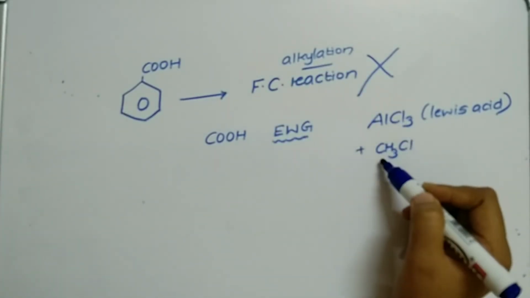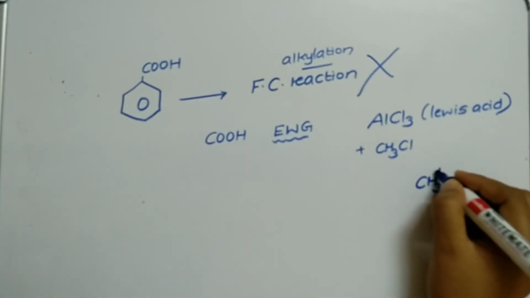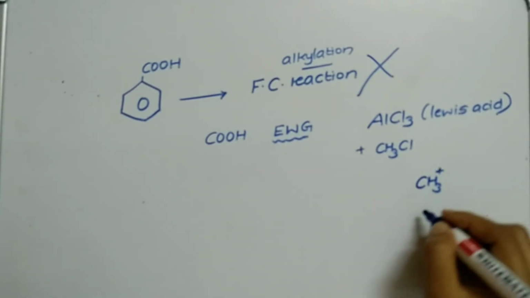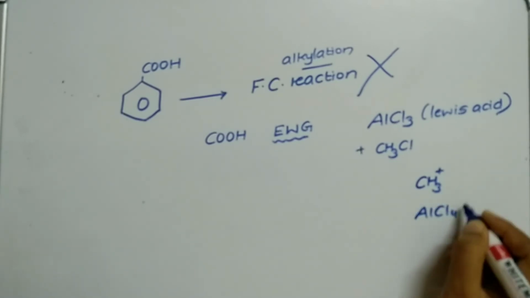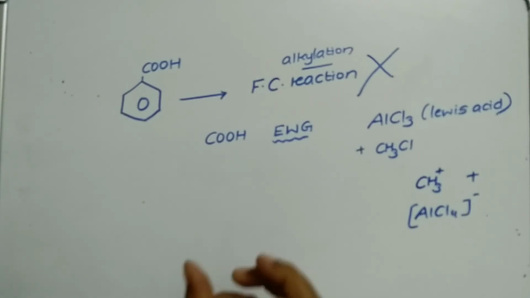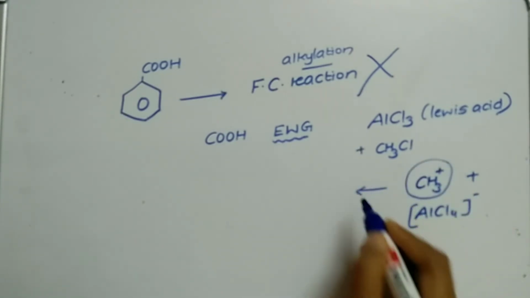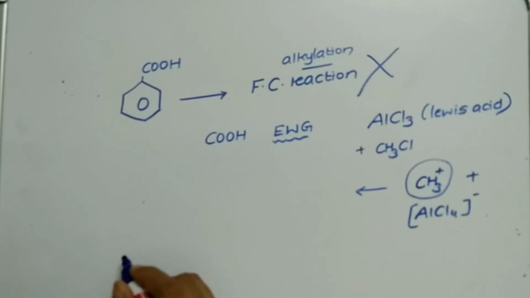When these two react, what will it form? It will form CH3 plus, and at the same time AlCl4 minus, correct. So what is the electrophile present here? CH3 plus, which is positive in nature.